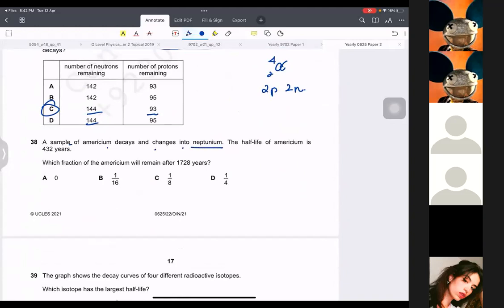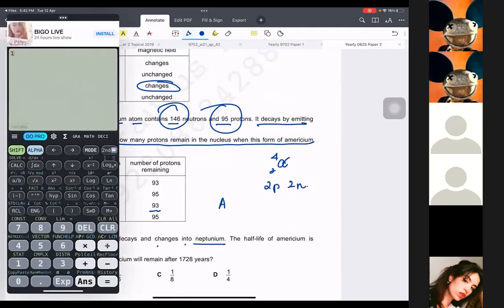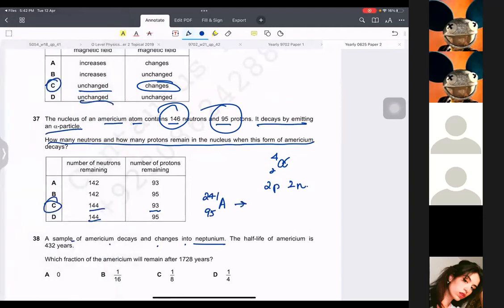Could you make the equation for the above question? Yes. So americium, I don't know how it is written, I'm just writing it because I don't know chemistry at all. So 146 plus 95 is 241, right? It decays into something, X, plus an alpha particle, which is 4, 2.